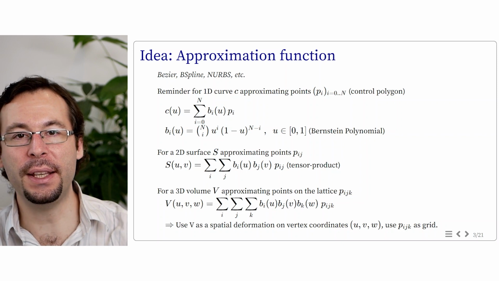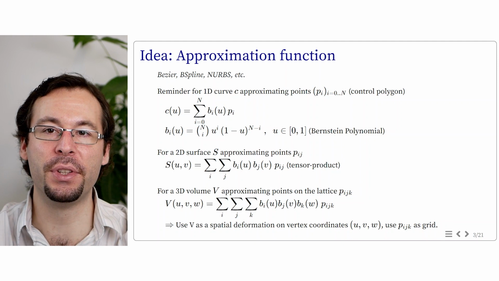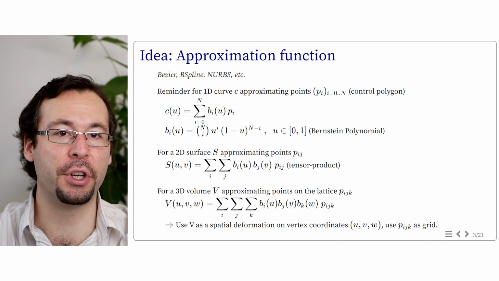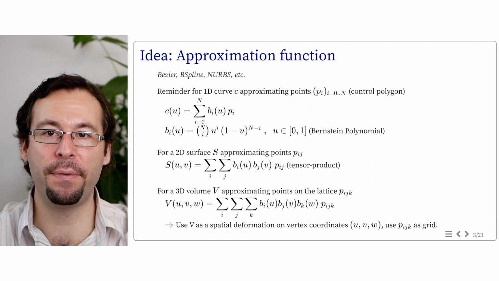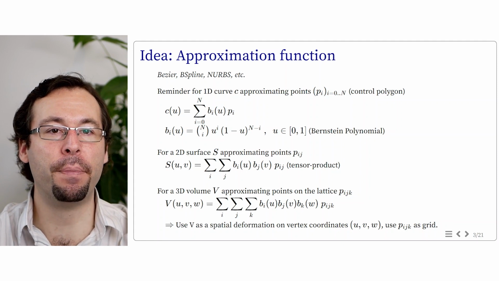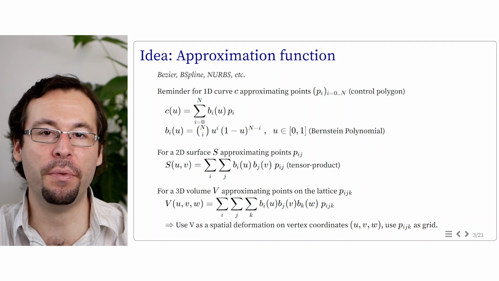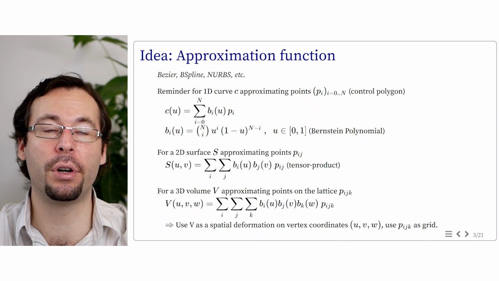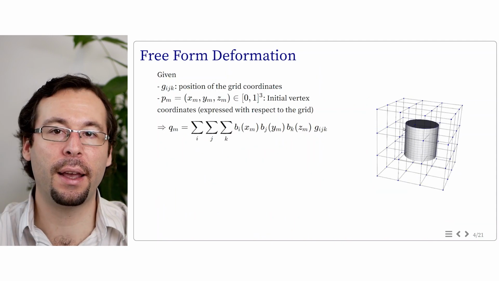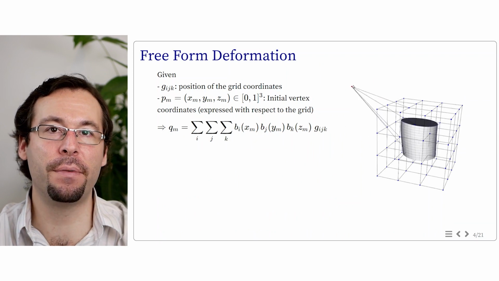And this function V is actually a 3D deformation of the unit cube between 0 and 1 cubed into V. And we can use this function as our volume deformation. In this case, the Pijk are the positions of the deformed lattice, and the parameters u, v, and w are the local coordinates of the shape within the lattice. And so this is the approach of the FFD, which is one of your exercises of the lab class.